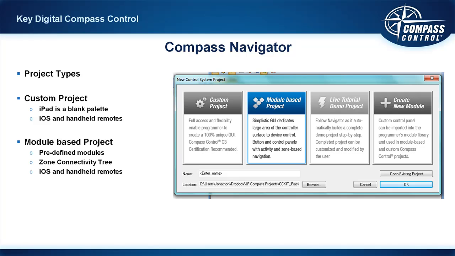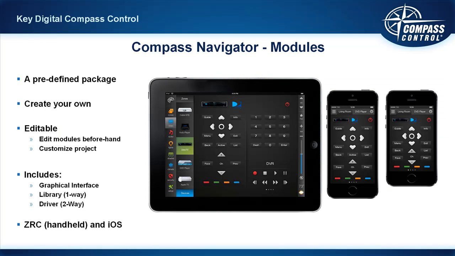We are now glad to have released a modular-based project program as well. The name or the description says it all. Simplistic GUI dedicates large amount of the controller surface to the device control, button and control panels with activity and zone-based navigation, okay? A module is a predefined package. It's graphics, right?